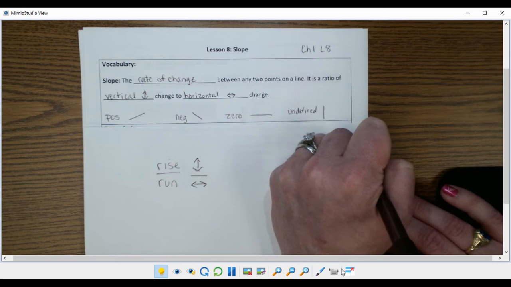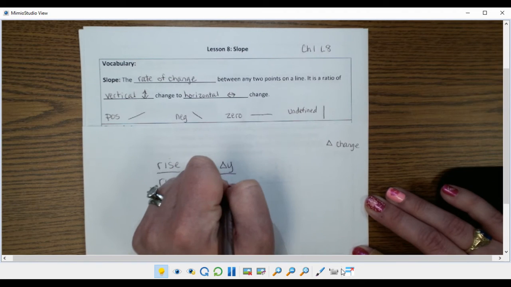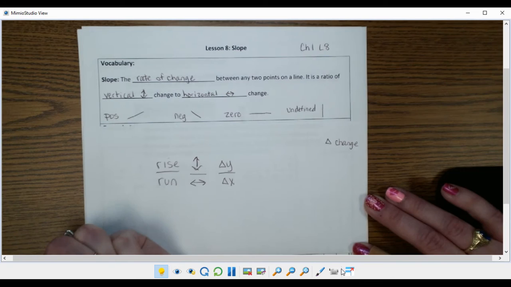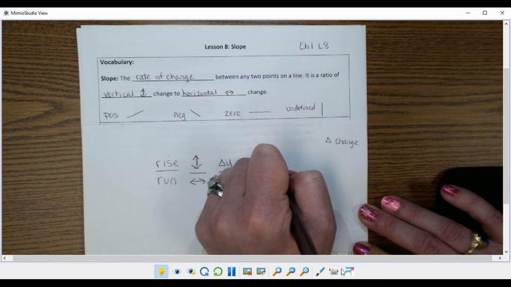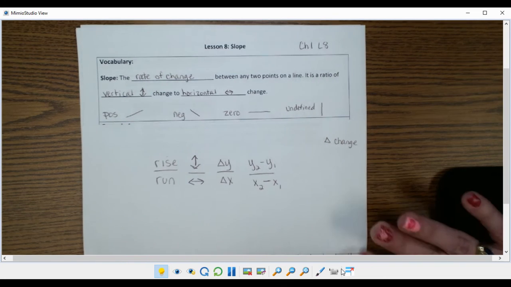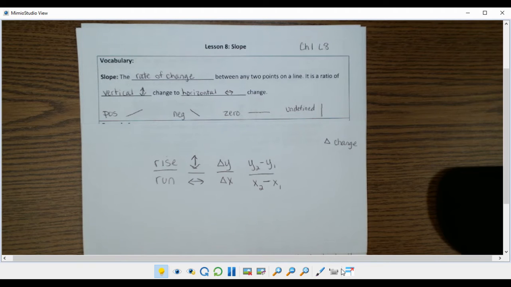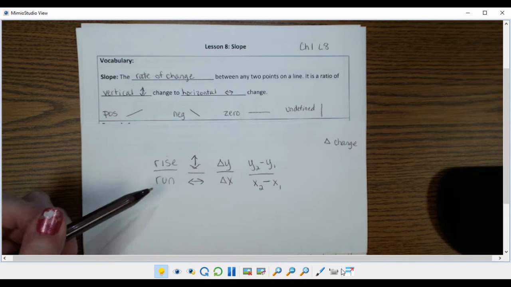So if you didn't want to write all this out, you could say delta y over delta x. Or even one other, y2 minus y1 over x2 minus x1. Those are some really heavy-duty, mathy, fancy ways of saying all this. If you just remember rise over run, you'll be golden.